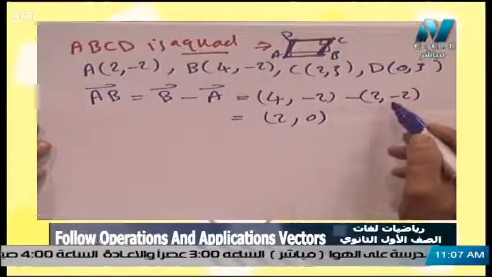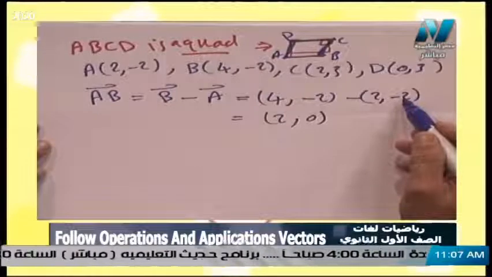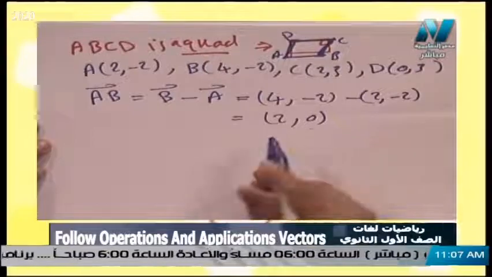Negative 2 minus negative 2, because minus negative is positive, so it's positive 2, and negative 2 plus 2 equals 0.